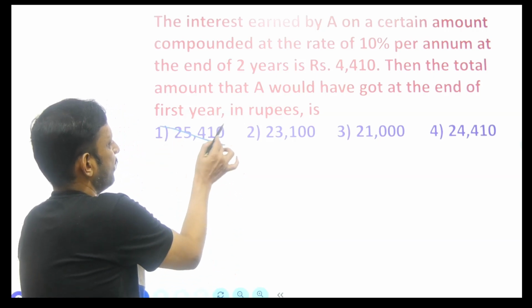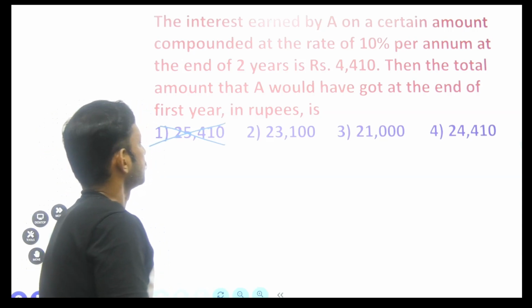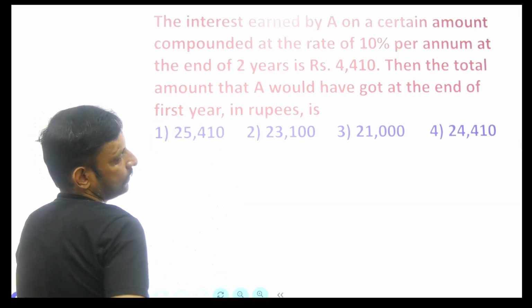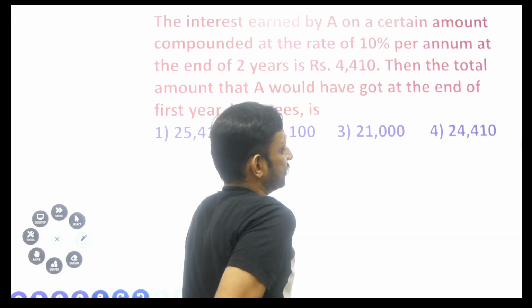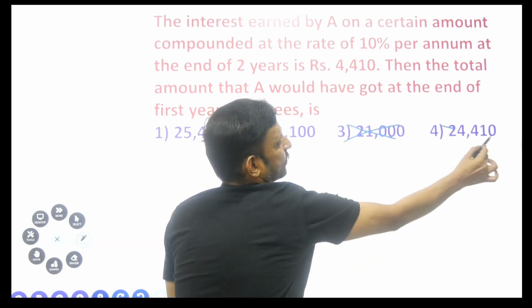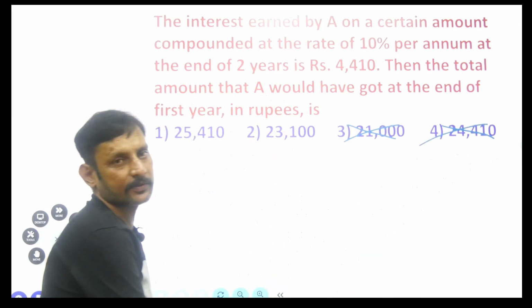So where is that 11 multiple? 2541: 2 plus 4 plus 1 is 7, hmm. Okay, this is also an 11 multiple. So you can eliminate the third option, which is not an 11 multiple, and the fourth option, which is not an 11 multiple. But here there are 2 11 multiples.